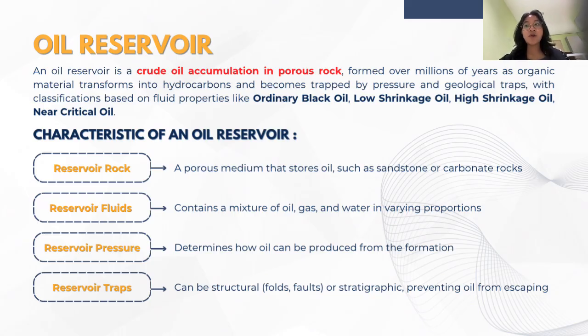Second is reservoir fluids, which is a mixture of oil, gas, and water existing in varying proportions within the reservoir. Third is reservoir pressure, which determines how efficiently oil can be extracted from the formation. And fourth is reservoir traps. This can be structural, like faults, which help prevent oil from escaping. These characteristics are essential for optimizing oil recovery and ensuring efficient production strategies.